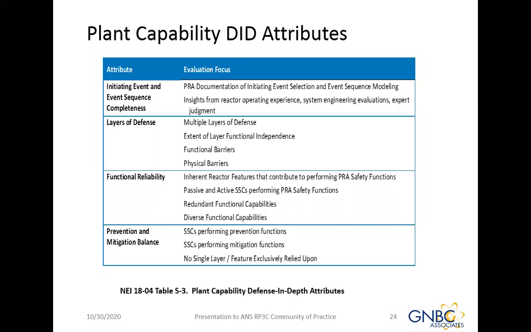And what I want to really emphasize there is in the LMP construct, that's not within a layer of defense. Reliability is the important focus within a layer of defense of all the functions provided by that layer. What's really looked at is, do you have a reasonable distribution of prevention and mitigation balance across layers of defense? So no single layer, no exclusive feature is part of that. Independence is part of that, and so forth.